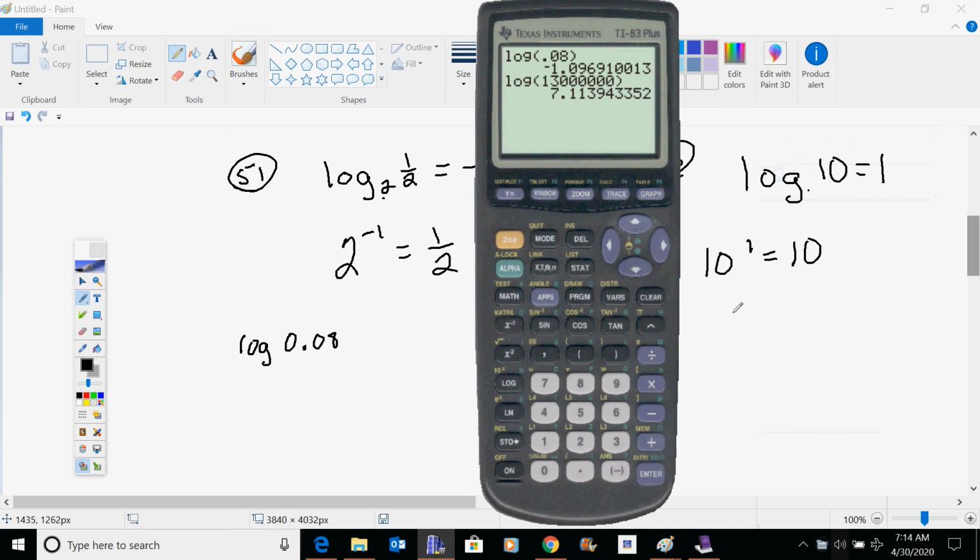Now for questions number 55 and 57, it's asking you for the greatest integer that is less than the value of the logarithm. You can do log base 10 on your calculator. So we have this log of 0.08.